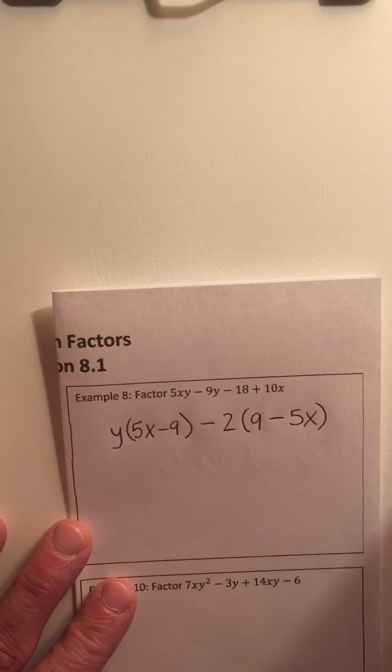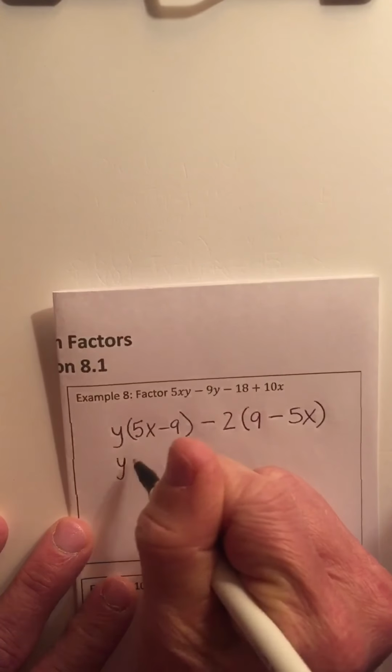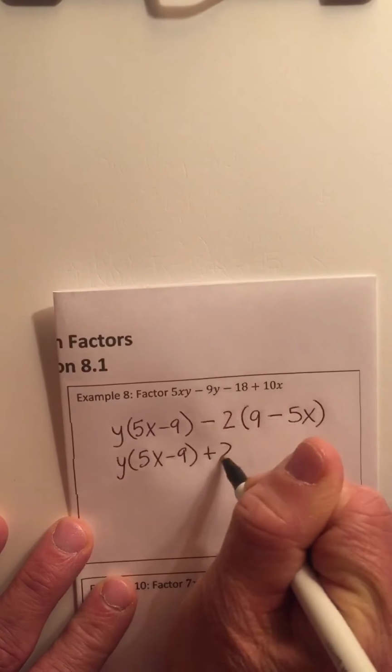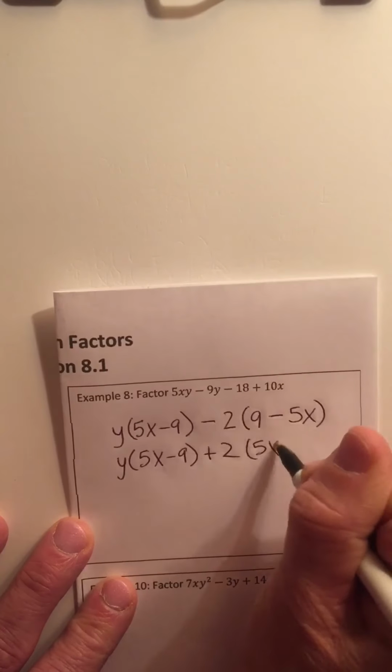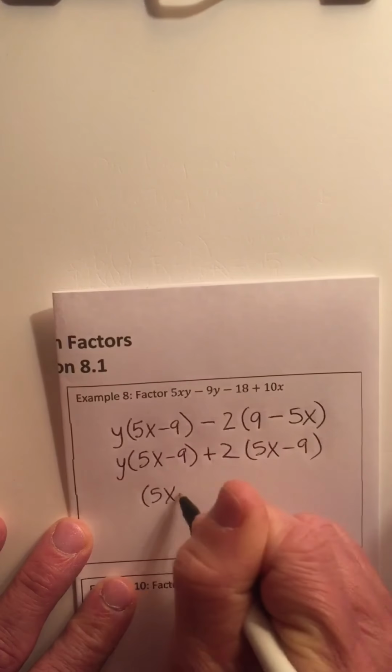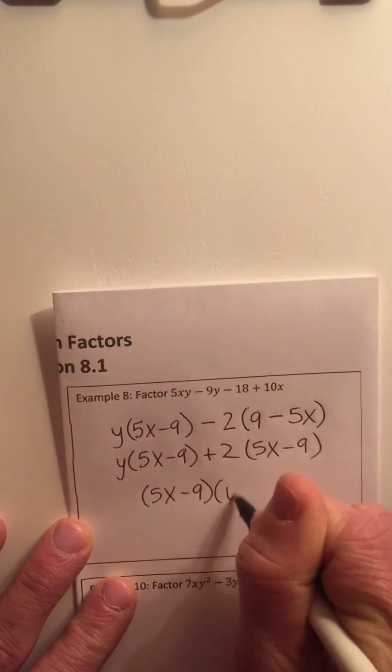Again, we need to factor out that negative 1 so we can change the order. So it's going to be y times 5x minus 9 plus 2 times 5x minus 9. 5x minus 9 times y plus 2.